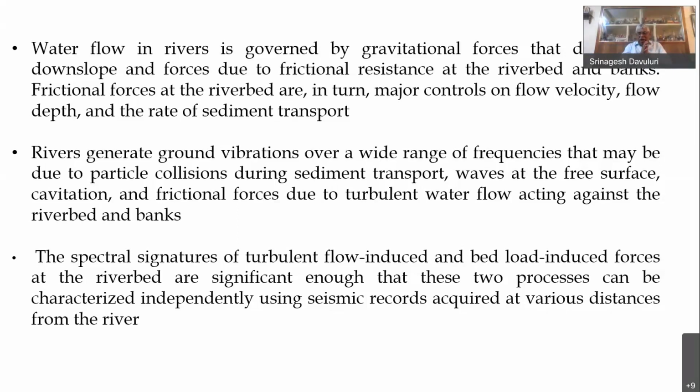So it cannot spread all over because there are topographical changes which happen, and the banks also act as impediments for the water flowing. Frictional forces at the riverbed in turn majorly control the velocity of flow, the flow depth and the rate of sediment transport.